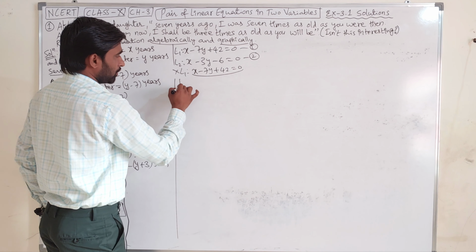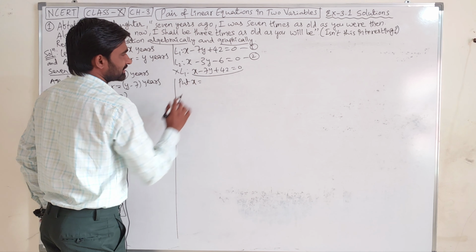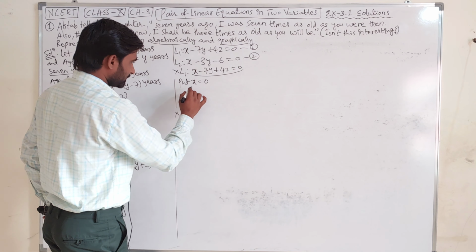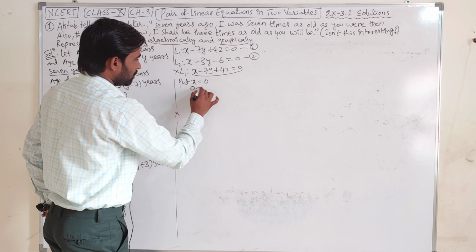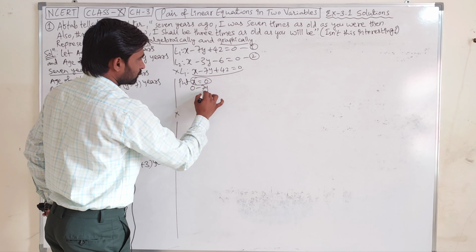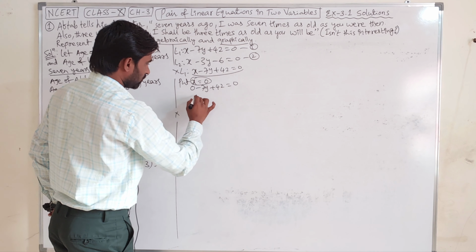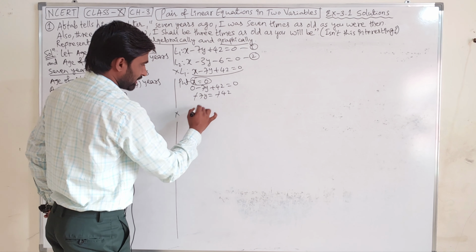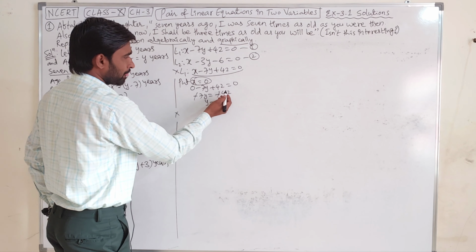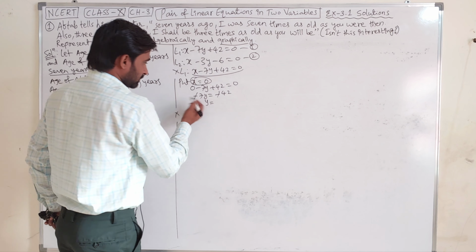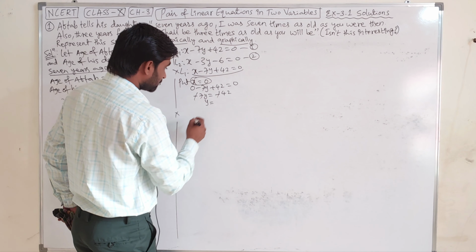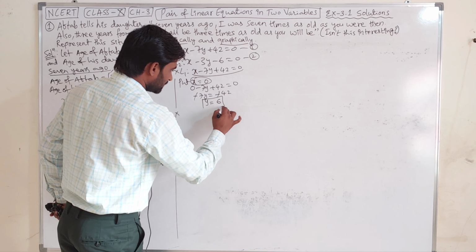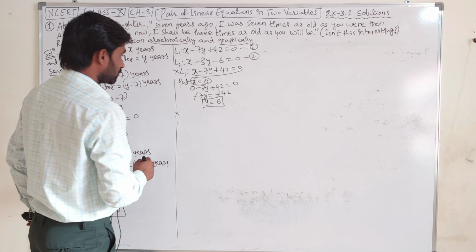First put x equal to 0. So what will we get here? 0 minus 7y plus 42 equal to 0. So we get minus 7y equal to minus 42. Minus minus cancel, so y equals 42 by 7. 7 sixes are 42, so y is 6. Now we need one more solution.